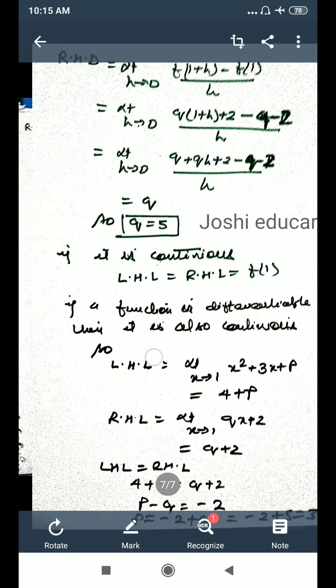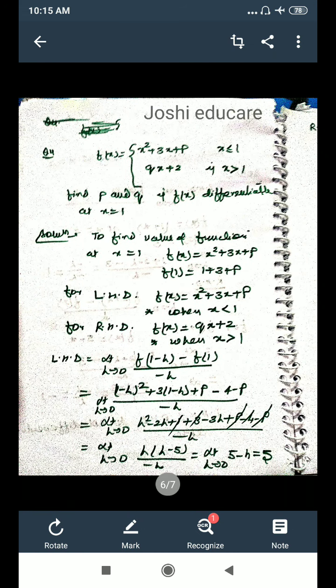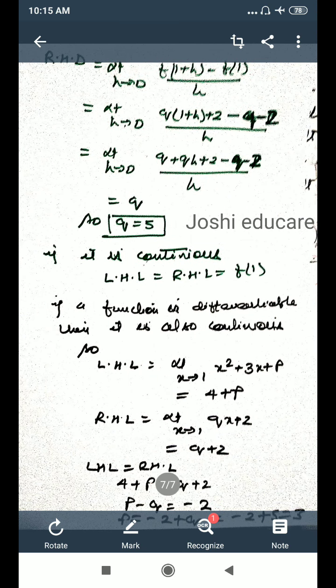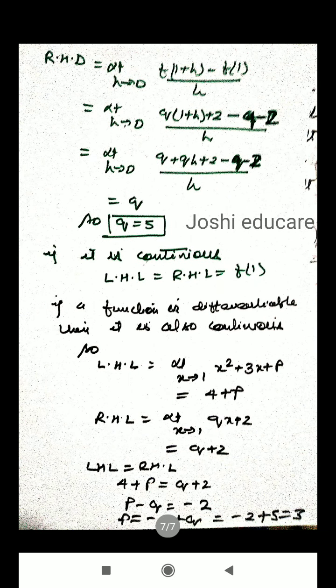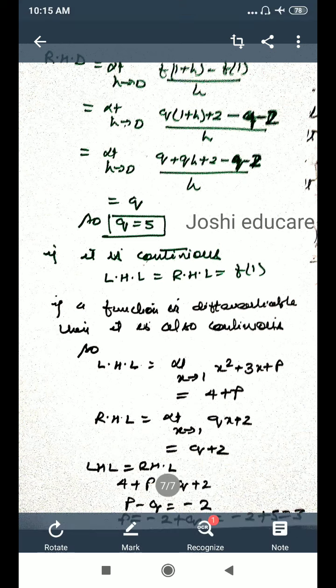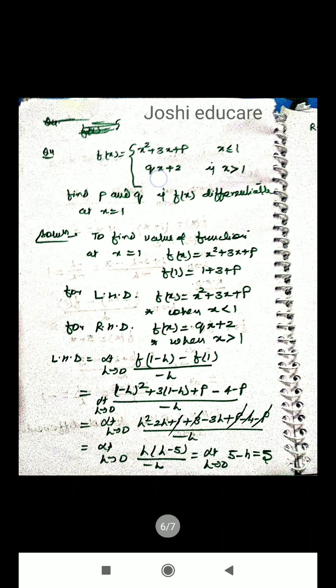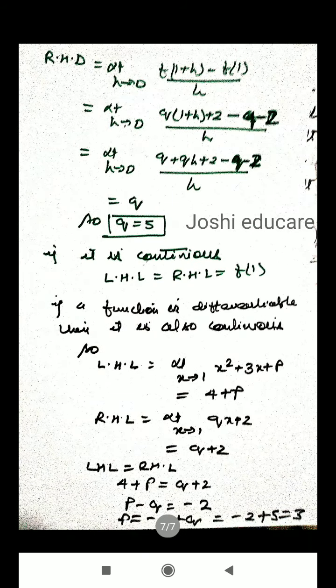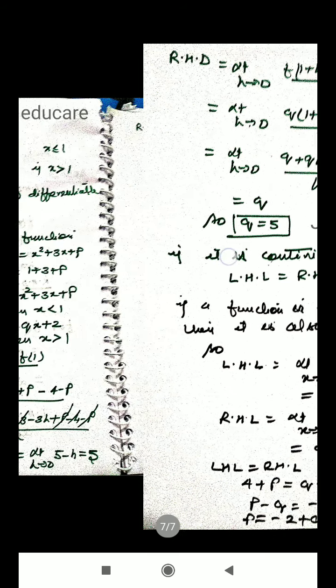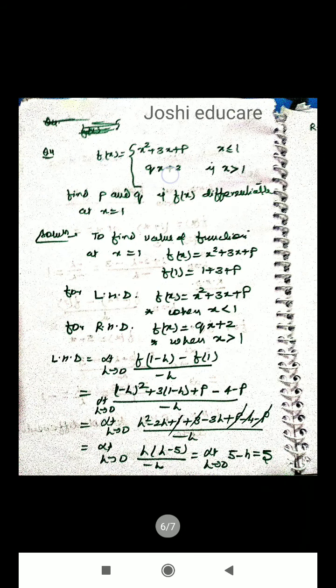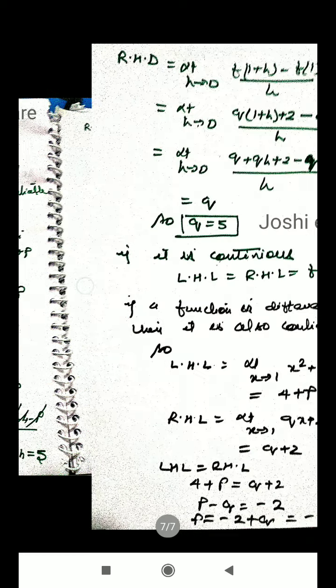Come to the right hand derivative. In right hand derivative, we'll use this as a function. So right hand derivative formula will be f(1 plus h) minus f(1) divided by h. So you calculate the value of f(1 plus h) from this. So it is q into (1 plus h) plus 2. f(1) from this also, that will be equal to q plus 2.